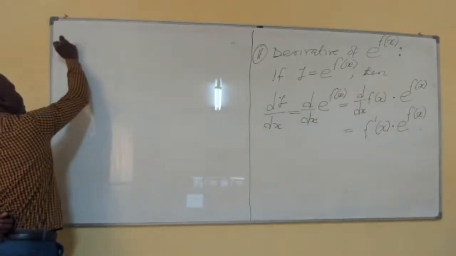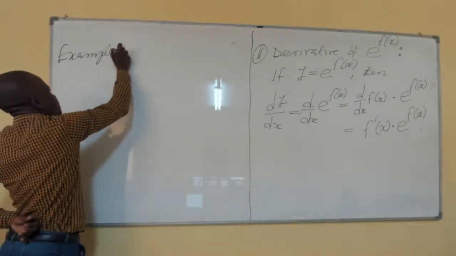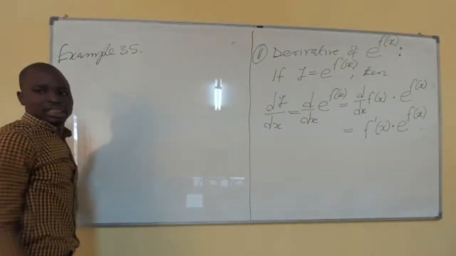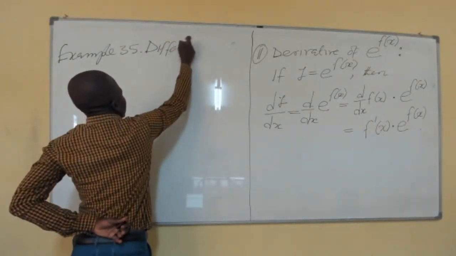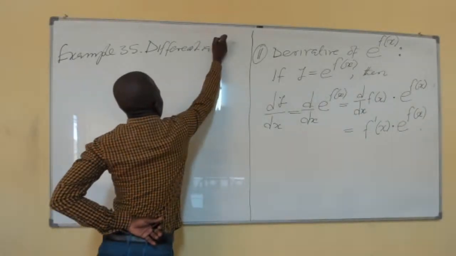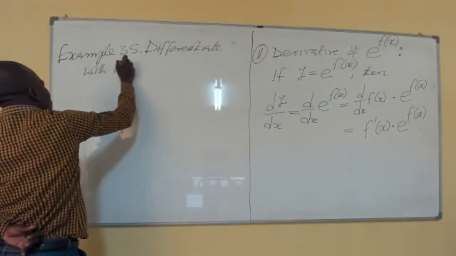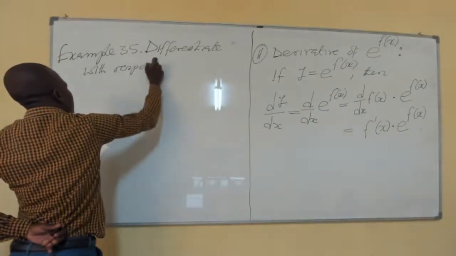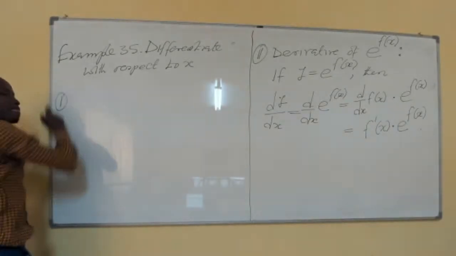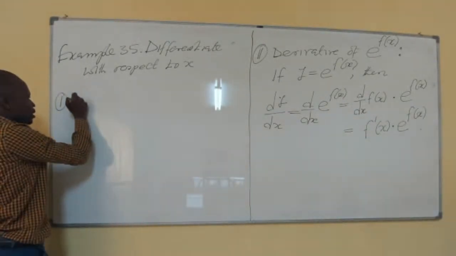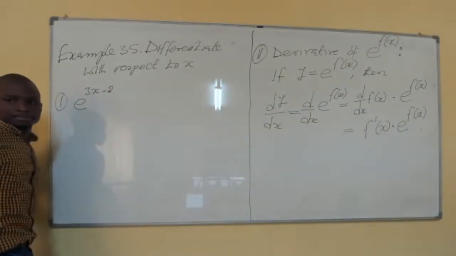So this is example 35. It says differentiate with respect to x. The first one is e to the power 3x minus 2.